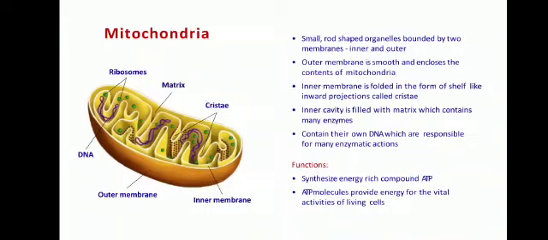It also contains its own DNA, and the mitochondria are responsible for many enzymatic reactions. The function of the mitochondria is to synthesize energy in the form of ATP molecules. The ATP molecules provide energy for the vital activities of all living things.